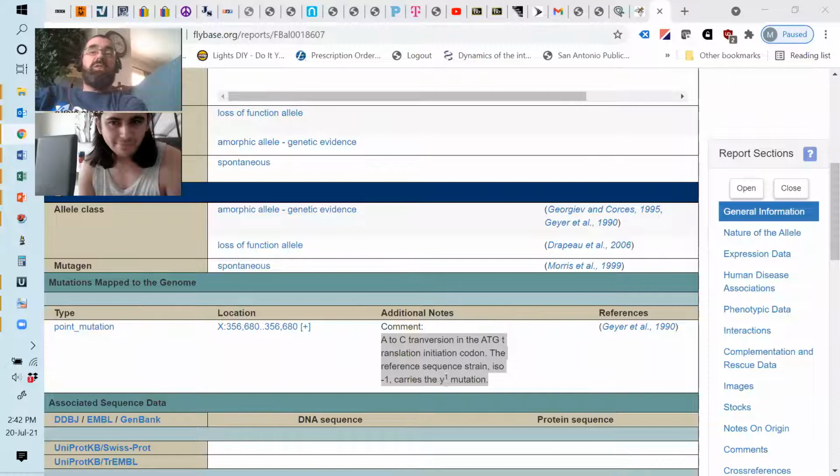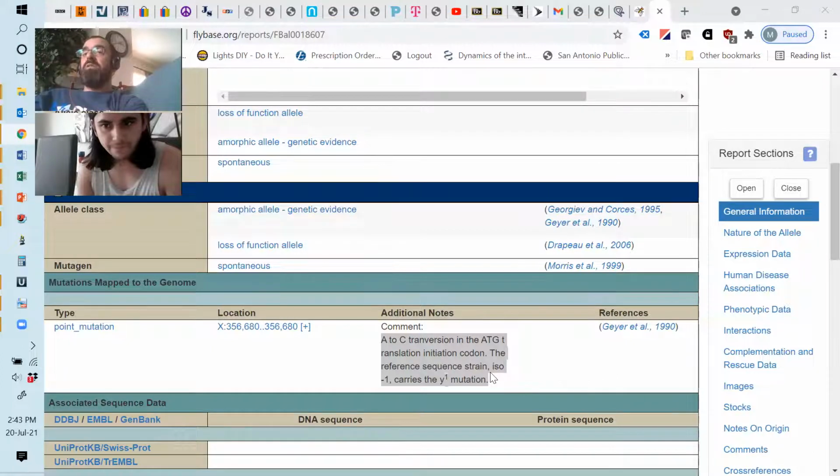So if you don't have an AUG, you don't have a start codon. So if the whole initiation of translation relies on there being a start codon, do you think the yellow gene will be translated if it has this mutation that turns it to essentially a CUG? So it can be transcribed, right?